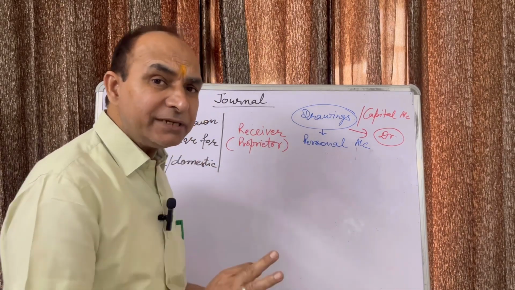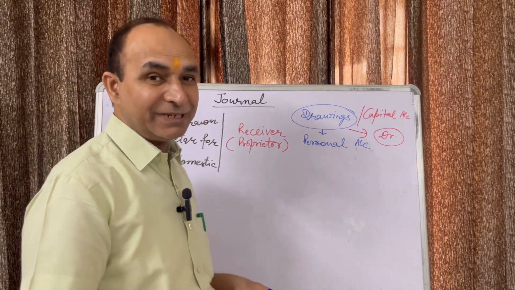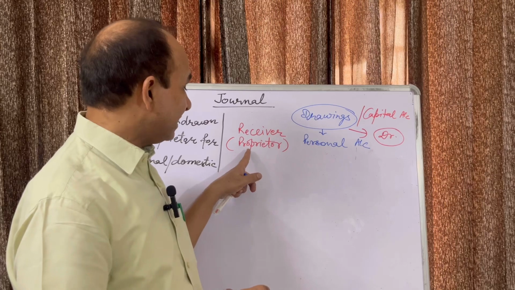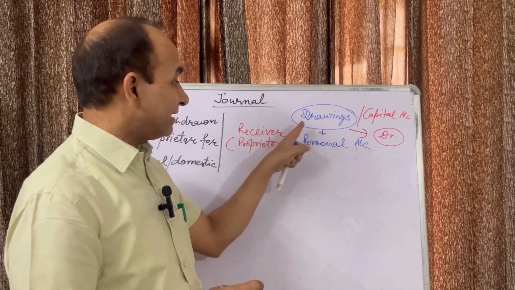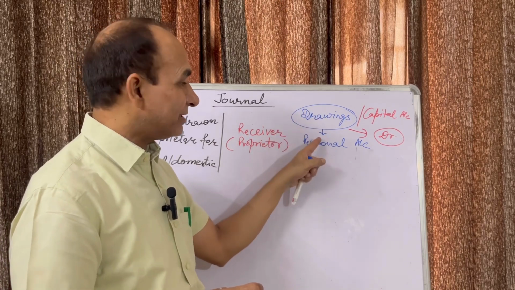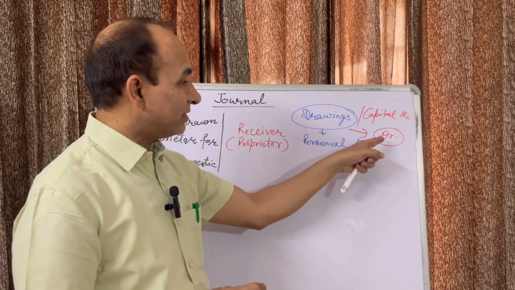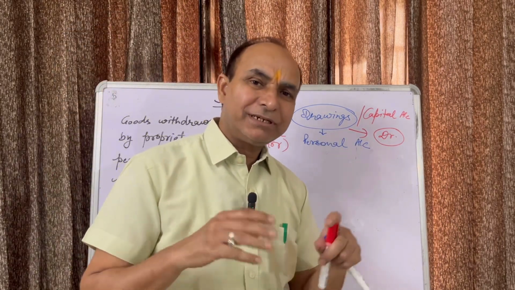We have to think from the business point of view, not from the businessman's. So the businessman is withdrawing something from the business. His position is receiver, and on his behalf, drawing account is debited. So debit the receiver, drawing account will be debited. Now remember, drawing account is debited, that's okay.